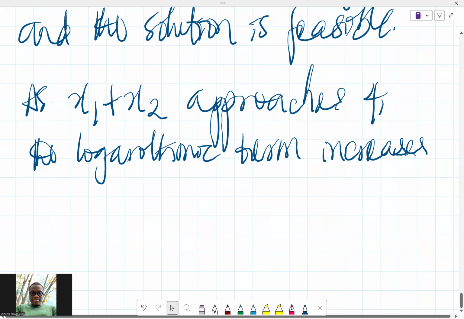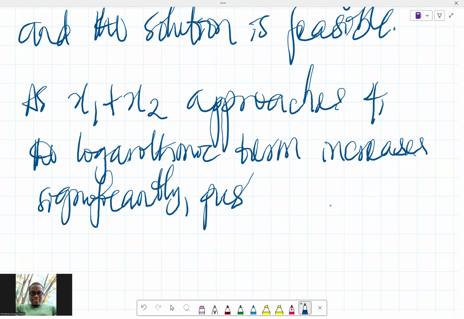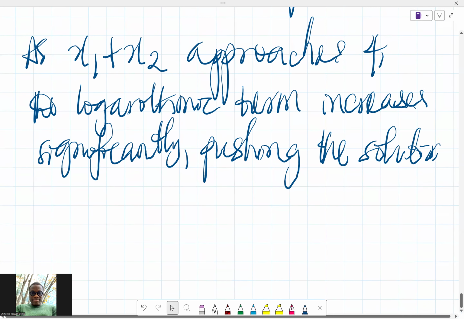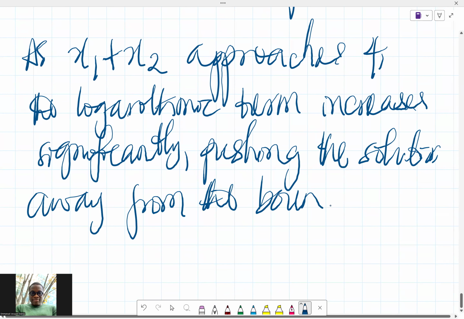So the logarithmic term increases significantly, pushing the solution away from the boundary. Okay.